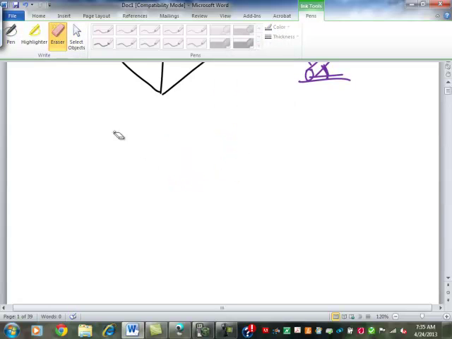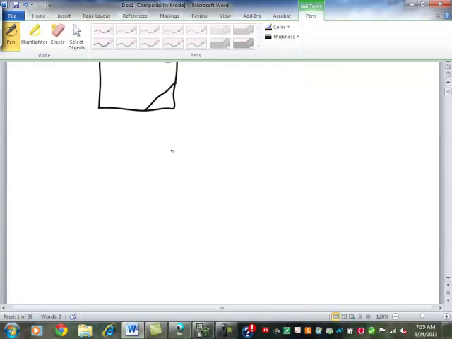So let's draw our picture out here. We're going to do a top view. Something like this. Our front view will then look like that. And our end view something like that.